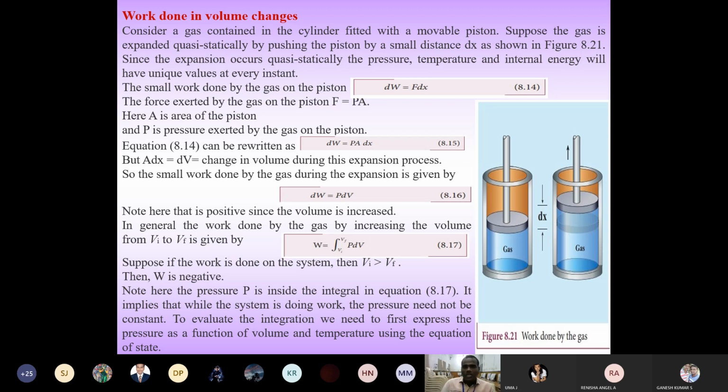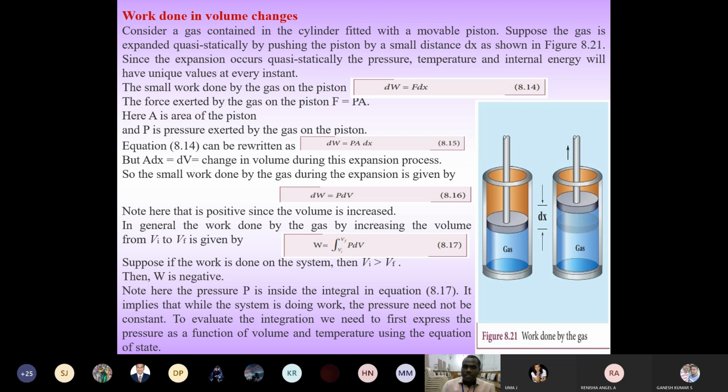Suppose work is done on the system, where V initial is greater than V final. Then W is negative. Here the W value is positive if work is done by the system.